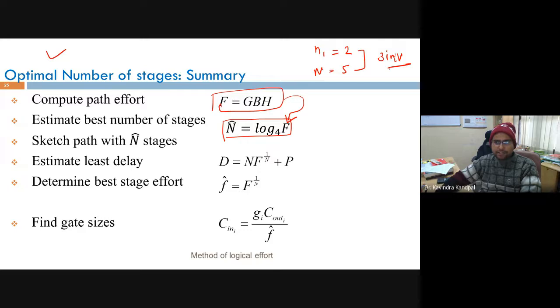After adding the 3 inverters, now you divide. Now the delay will be 5 times F to the power 1 by 5 plus the sum of p, right?